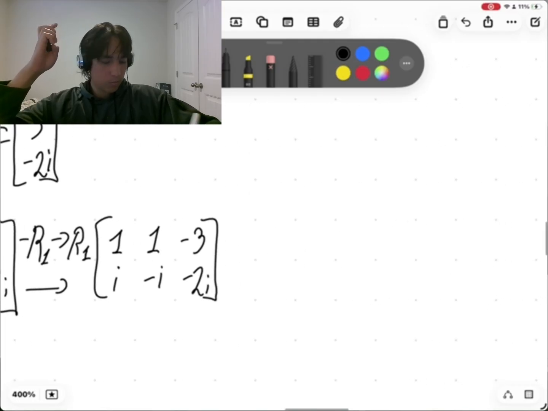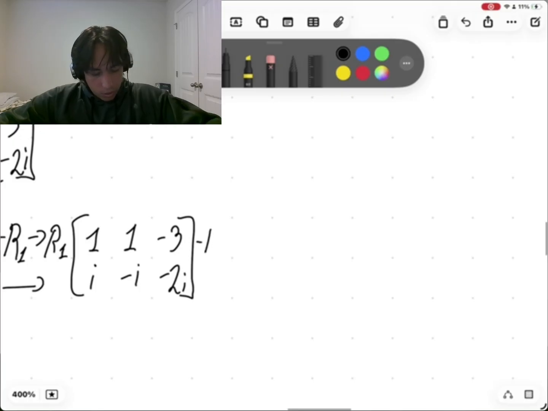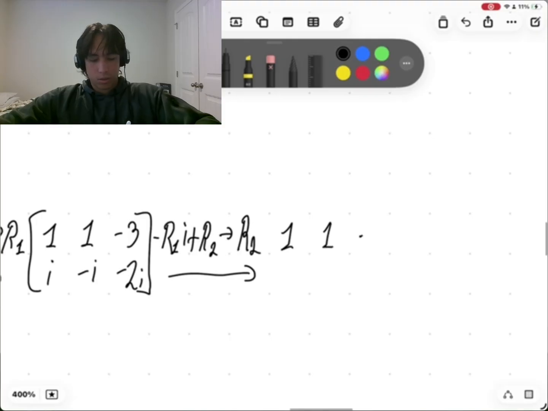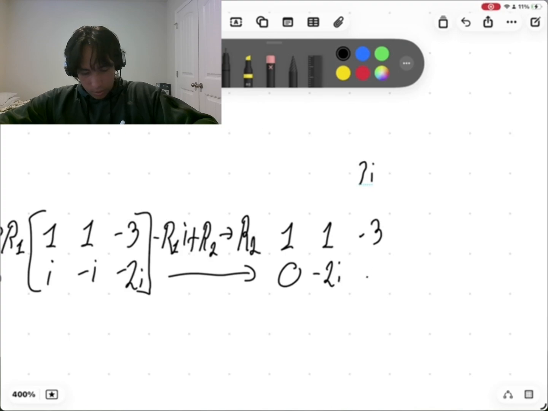And we can multiply by -i. So negative r1 i is r2. We have 1, 1, -3. It's going to be 0. This is going to be -2i. This is going to become 3i plus -2i is i. Right?